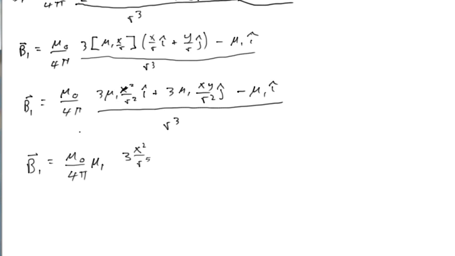So the mu1's been factored out, divide that in there, and then minus 1 over r cubed, all times the I hat. And then plus for the j part, remember the mu1 I already took out. So I got 3xy, and then over r squared, all divided by r cubed, so that'll be over r to the 5th.